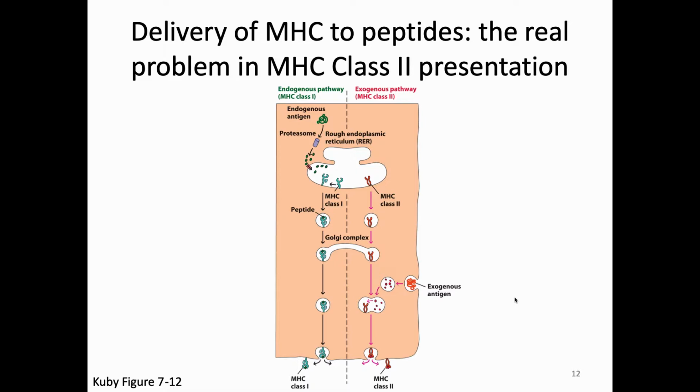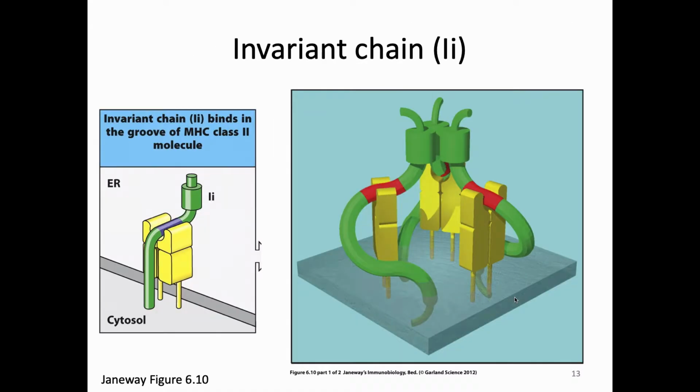And there is another protein that works along with MHC Class I or Class II in order to solve this problem. It turns out that this other protein ends up solving two problems for Class II. So it's very helpful for Class II. This protein is known as the invariant chain, or Ii.